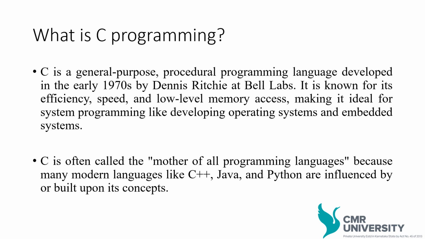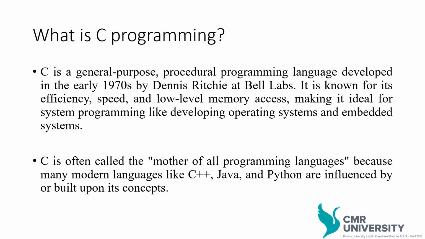First is what is C programming? It is an important first and basic programming language, which is very useful for many applications. C is a general purpose procedural programming language developed in the early 1970s by Dennis Ritchie at Bell Labs.